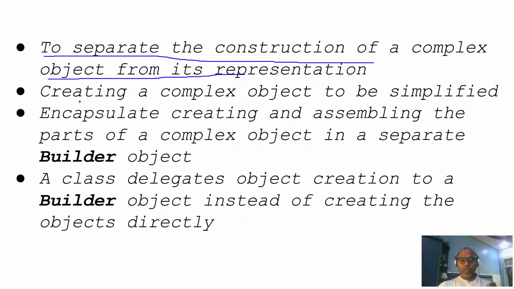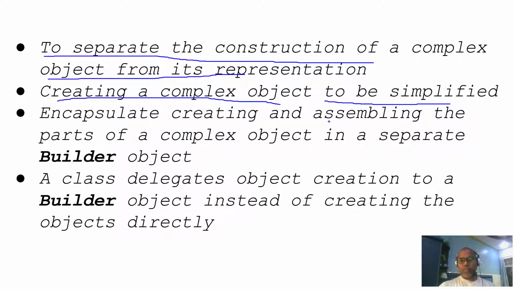Okay, so this design pattern suggests you can separate the construction of a complex object from its representation, creating a complex object in a more simplified way. This design pattern helps clients know a very simplified way to create an object.